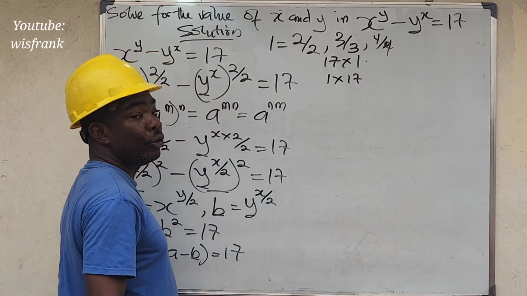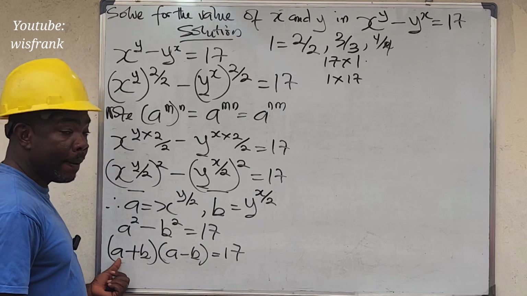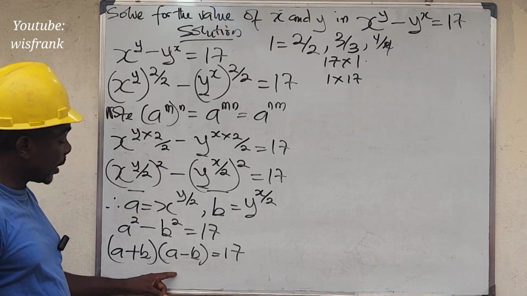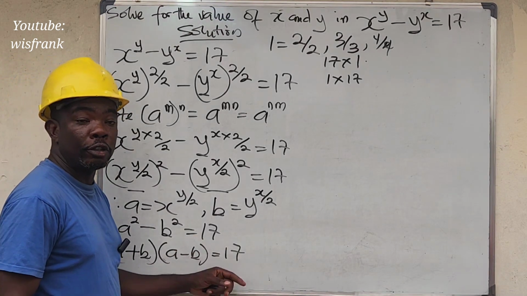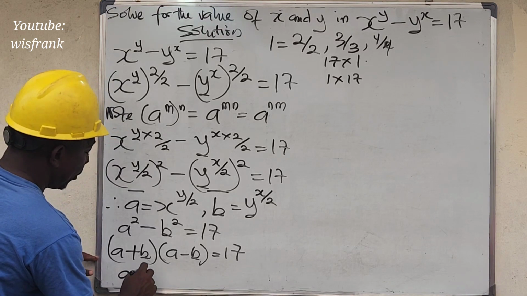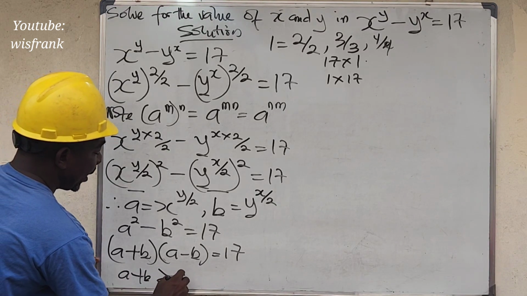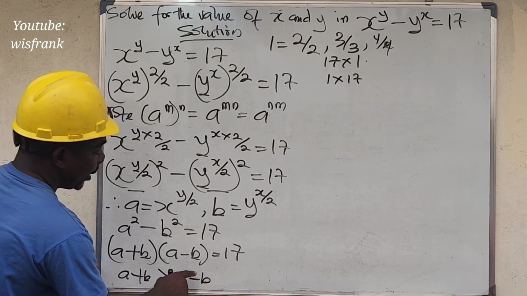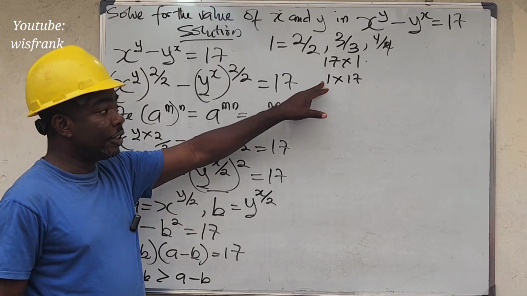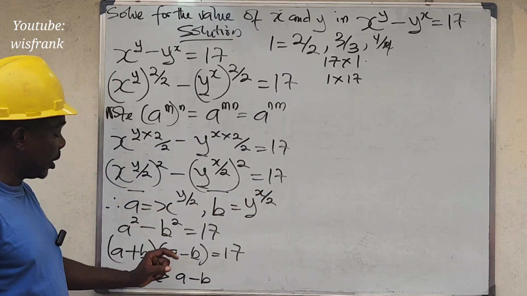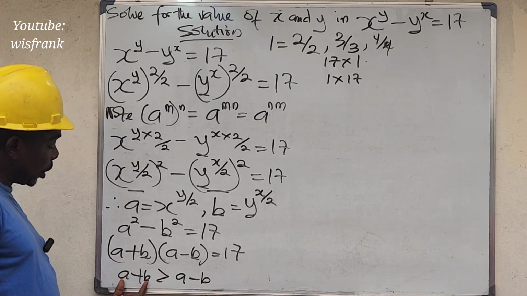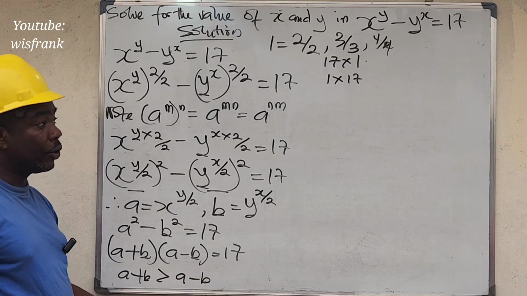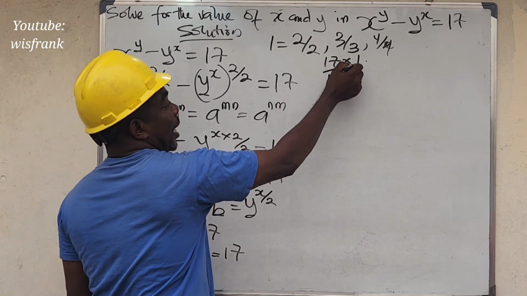So which one are we going to take? You can see that a plus b is greater than a minus b. Therefore, the factor of 17 that we are going to take into consideration is such that this other one will be greater than this. So we are going to take 17 and 1.